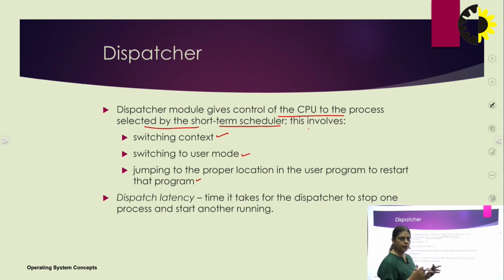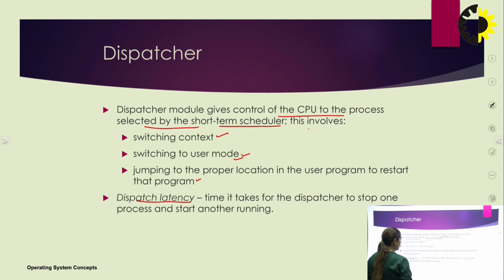Then this context switch will resume all the things, start the job again, and then it is switched to the user mode. Now some part of the program is already computed, so we have to start from where it has not been done already. Then that context switch will tell from where the program has to be started again.